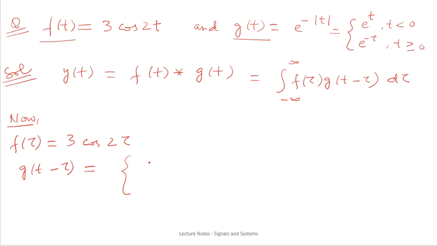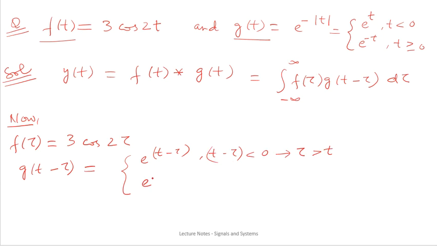It can be written as e raised to the power t minus tau for t minus tau less than 0, or in terms of tau, greater than t.